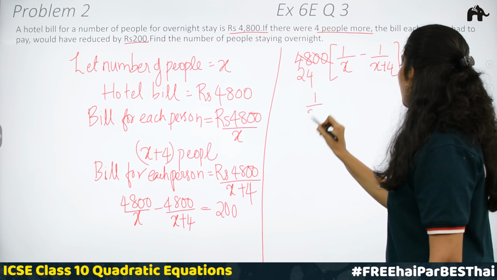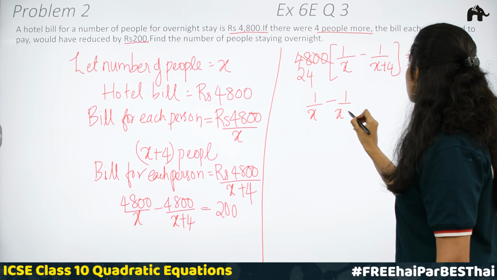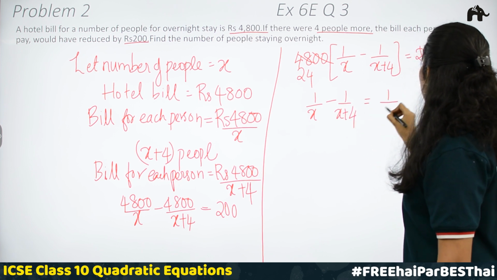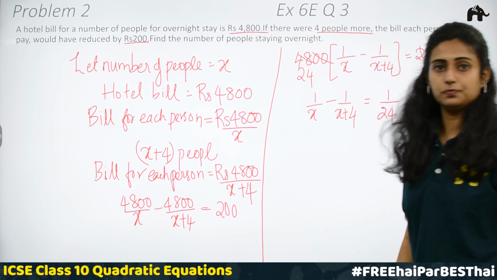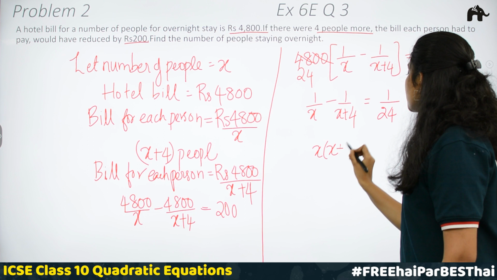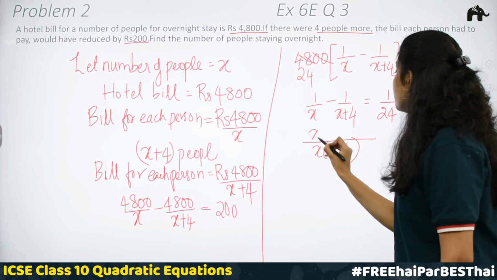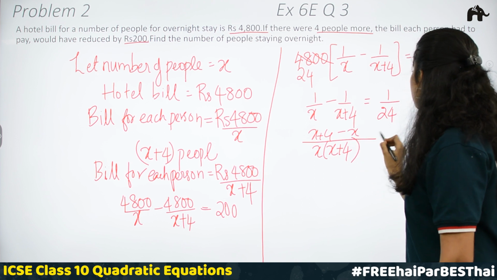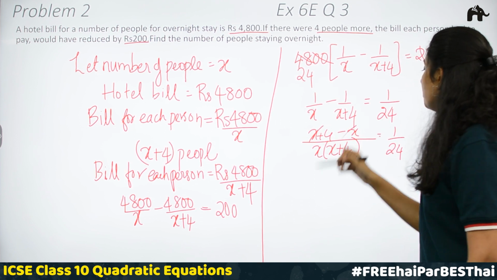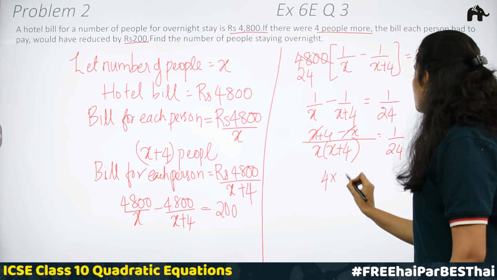1 by x minus 1 by x plus 4 is equal to 1 by 24. Taking LCM, x into x plus 4. What about the numerator? Crossing, we get x plus 4 minus x is equal to 1 by 24. x and minus x can be cancelled. 4 into 24.